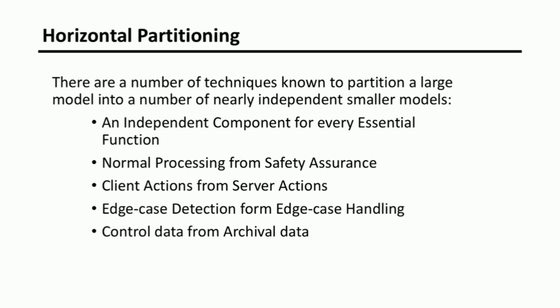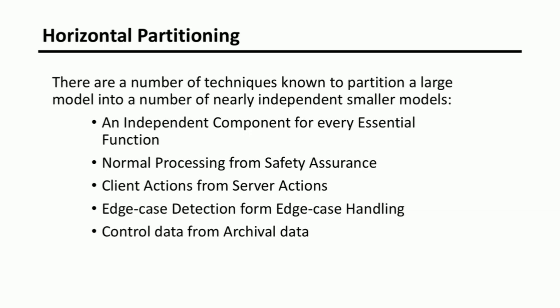Normally a system is designed to provide a certain service, a purpose in the environment. And out of this purpose, there are derived some essential requirements, which a system definitely must provide in order to reach the purpose. And the first horizontal partitioning rule says, for every essential requirement, we should design an independent component.